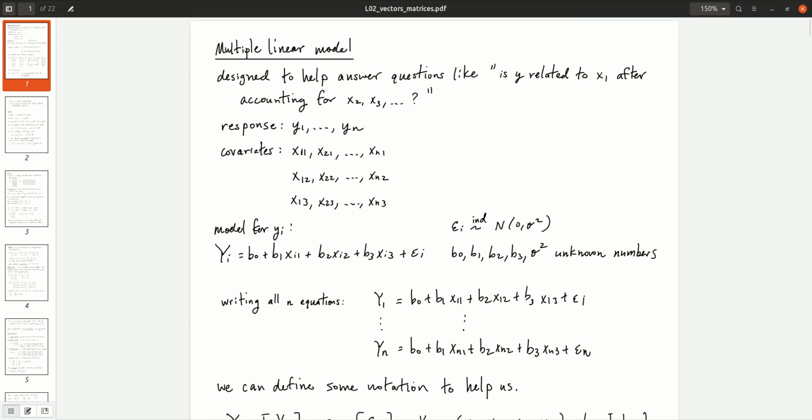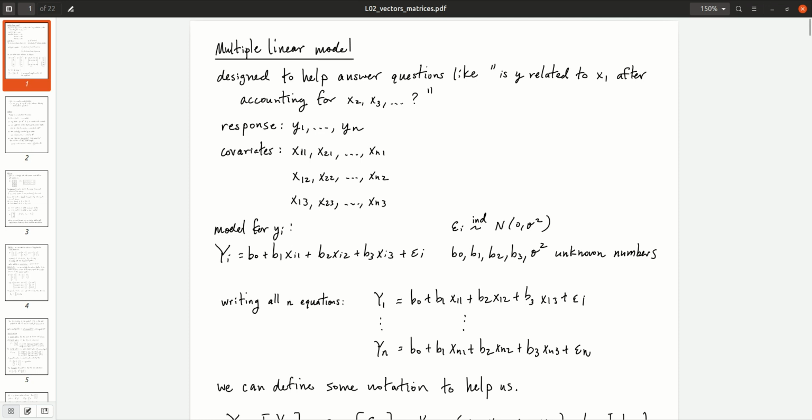So the multiple linear model is designed to help us answer questions like, is y related to x after accounting for or controlling for some other covariates x2 and x3? So in our notation here, we have the responses labeled y1 up to yn. Remember, these are numbers, things that you can store on your computer.